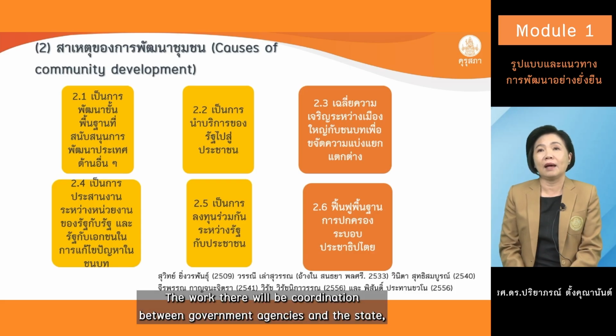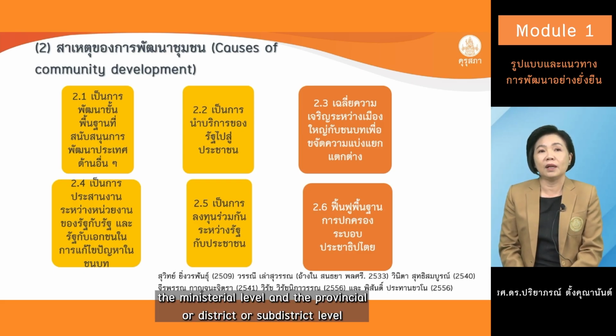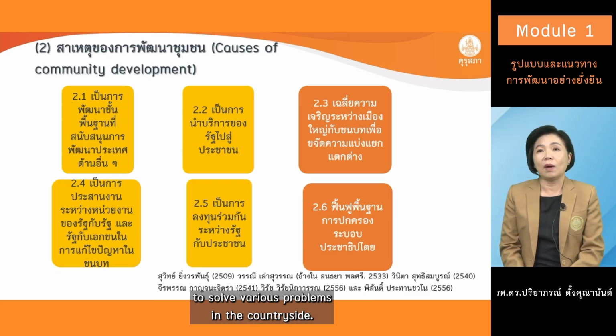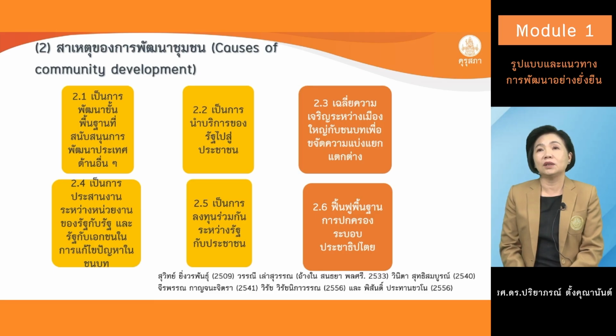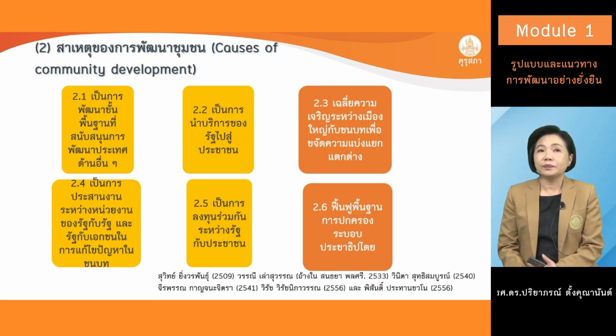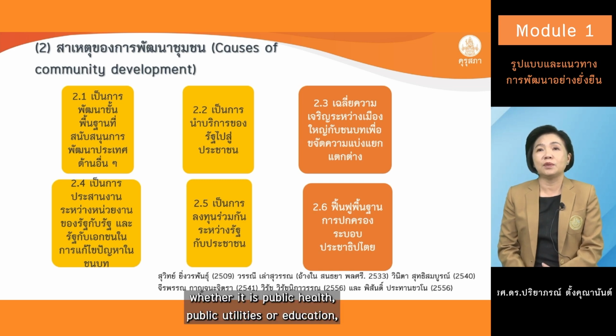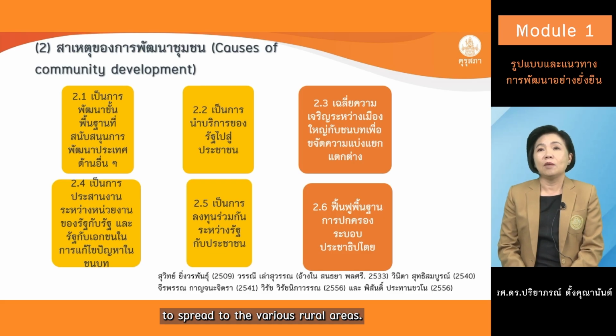In this work there will be coordination between government agencies and the state, such as the ministerial level and the provincial or district or sub-district level, to solve various problems in the countryside. The areas are as good as the local authorities. Therefore, there must be coordination. In addition, it is necessary to bring basic development, whether it is public health, public utilities, or education, to spread to various rural areas.